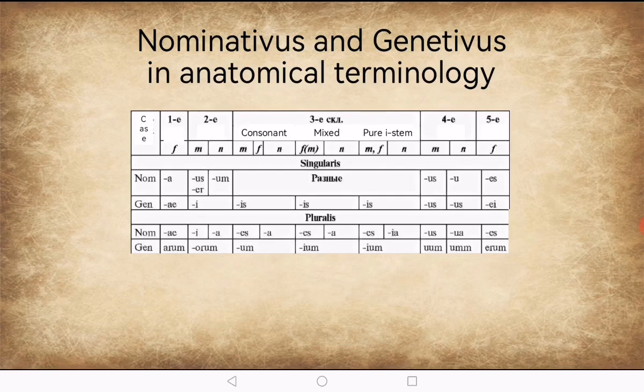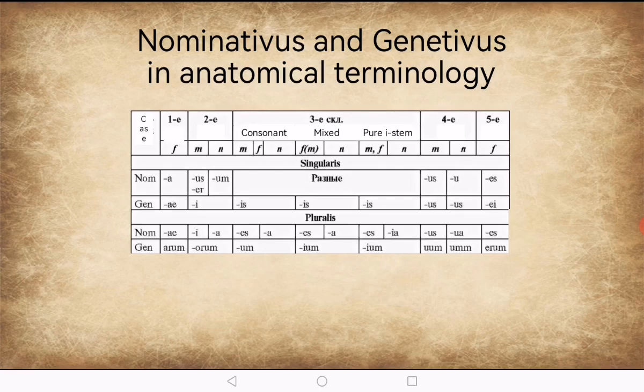For example, arcus, of the arch, arcus, the same. That's easy, right? And neuter nouns of the fourth declension have the ending U in nominative singular and the same ending U in genitive singular. For example, cornu, cornus, the horn.